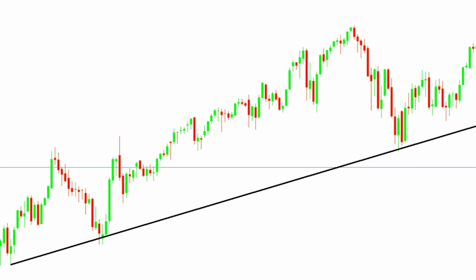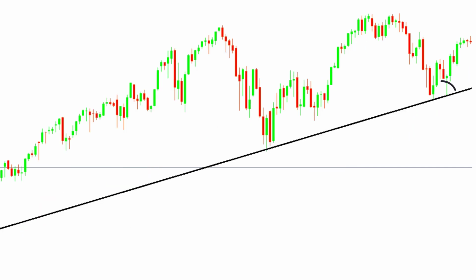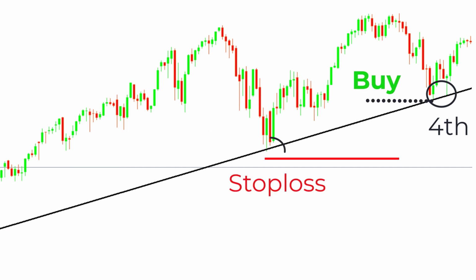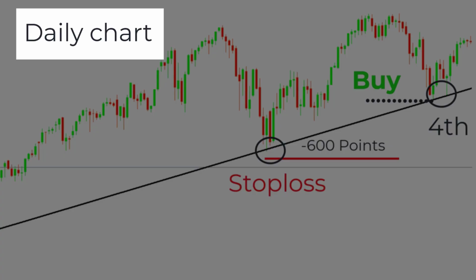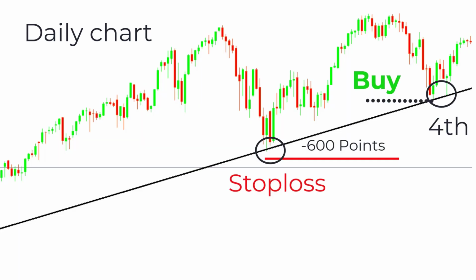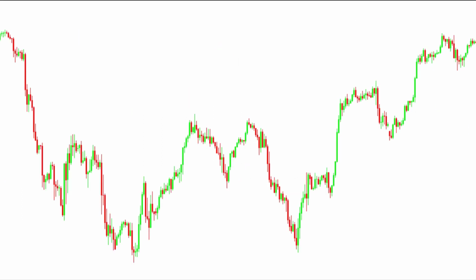Here is a daily chart example on the Nasdaq, with the market giving us a strong buy signal from the fourth touch of the trend line. The stop loss should be placed below the previous low, which is around 600 points. Now, let's check the lower chart time frame to find a better trade entry, which is the way it should work, according to the delusional people who embrace mixing the high and low time frames together.